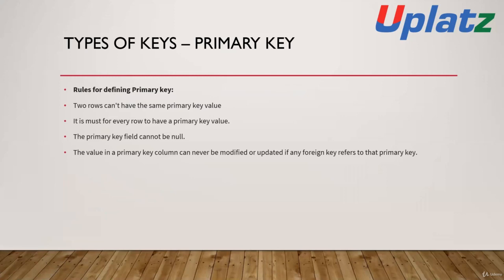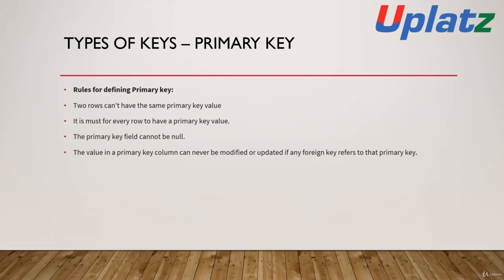So when you try to insert a null value into the primary key ID, it will throw an error saying that null values are not accepted. The not null constraint is by default applied on that particular column when you are using it as a primary key. The value in a primary key column can never be modified or updated if any foreign key refers to that primary key. So this is the most important rule.